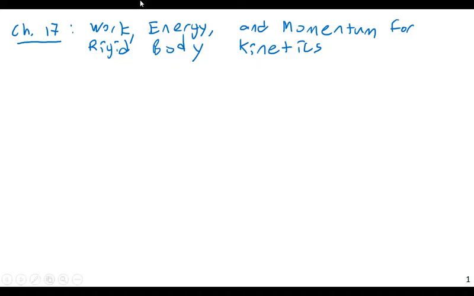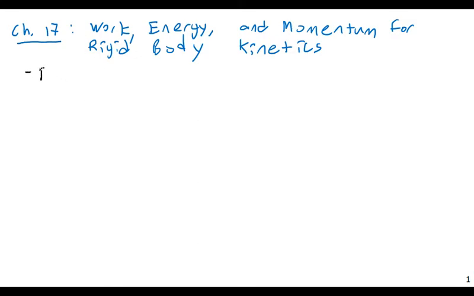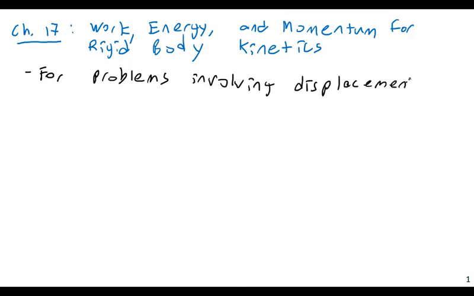Okay. So we're going to use methods of work and energy, and the method of impulse and momentum, to solve problems of rigid bodies, just as we've used them to solve problems of individual particles, systems of particles, etc. For problems involving displacement and velocity, we tend to use our energy methods, which would be something like T1 plus U from 1 to 2 is equal to T2.